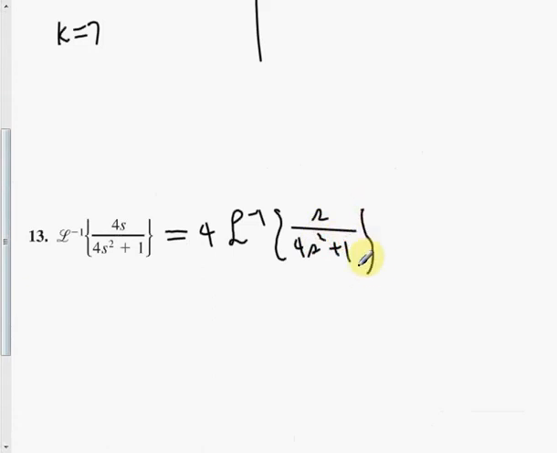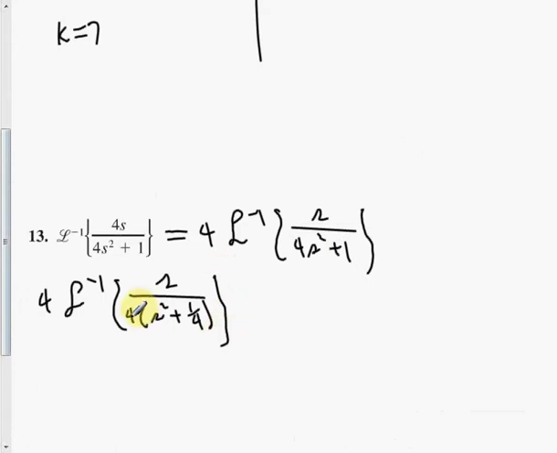And just like we did with a couple of problems before, we got to factor out a 4 from our denominator. So this is 4 times the inverse transform of s all over, take out a 4, so this is s squared plus 1 over 4.